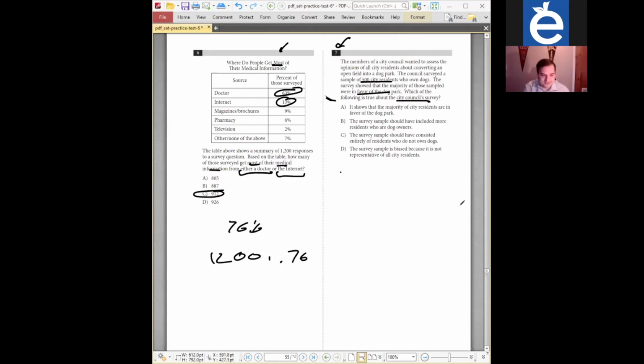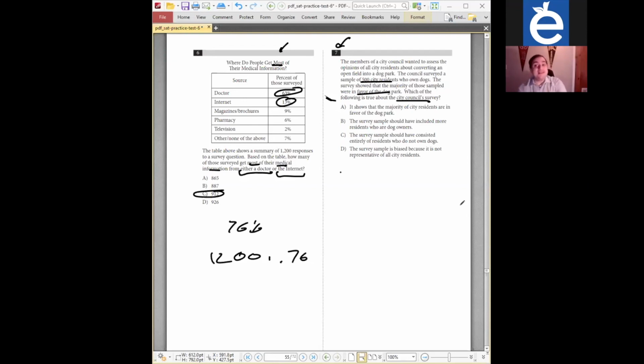Now, let me ask you this. Did we randomly sample city residents? No, we did not, because this entire study was conducted about one specific group of people. We only surveyed people who own dogs, right? Well, clearly the people who own dogs are going to probably have a different opinion than the people who don't own dogs about spending taxpayer money on a dog park.